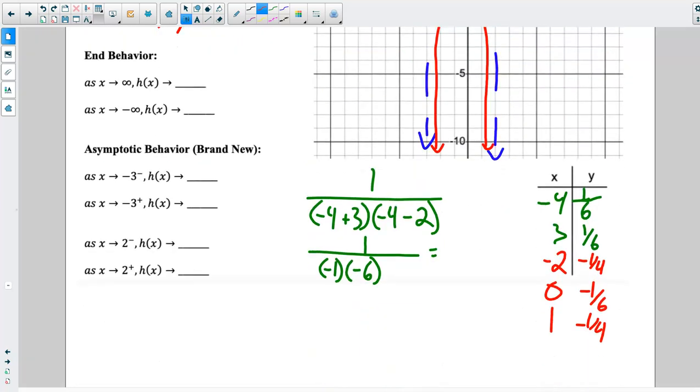So as I go to negative 3 from the left of negative 3, where does it go as it gets closer to negative 3? Is it going up or down? Up. So that means we are going to positive infinity. As we approach from the right, where's it going? Down. So I'm going to be at negative infinity. Answer these two right here.